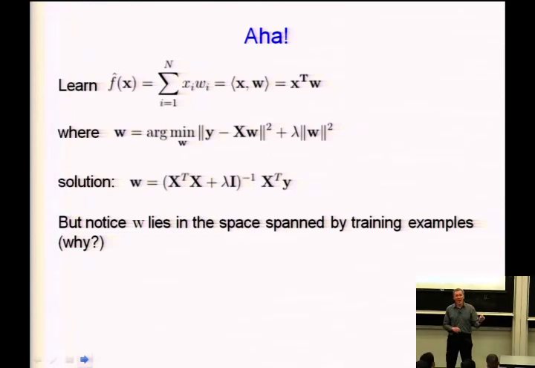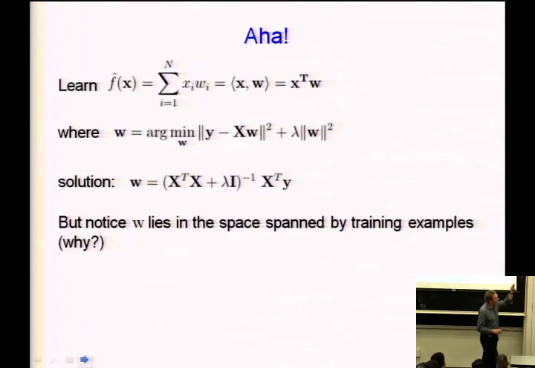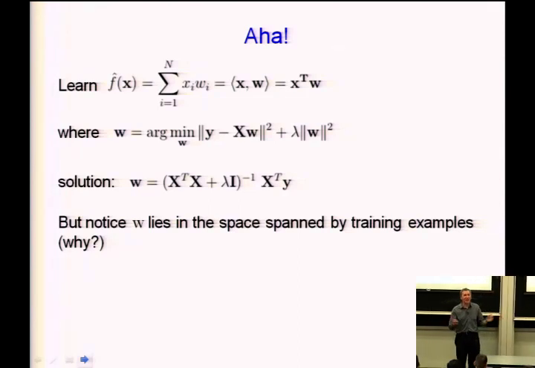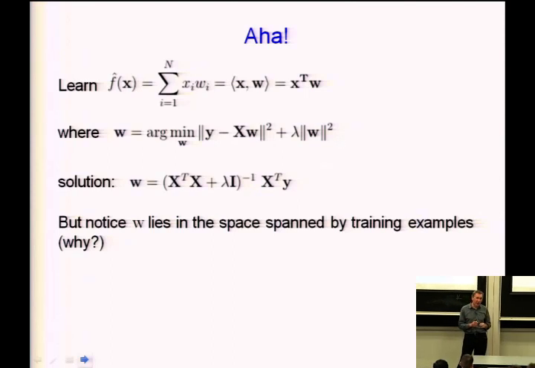And in the same sense, what's interesting here is that the weight vector that we get in linear regression lives in a space that is spanned by the training examples, which is actually kind of interesting.